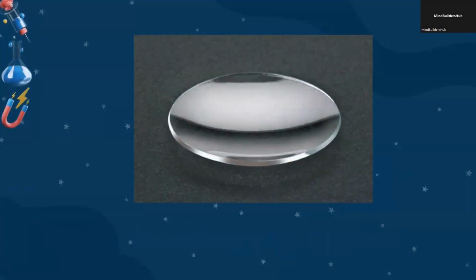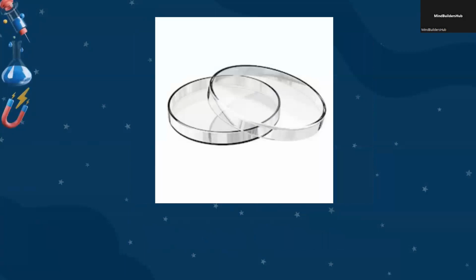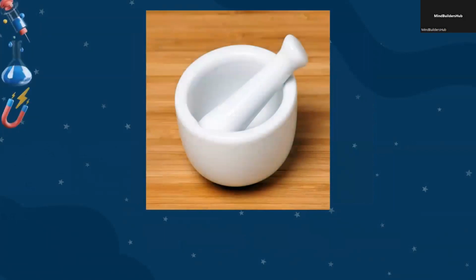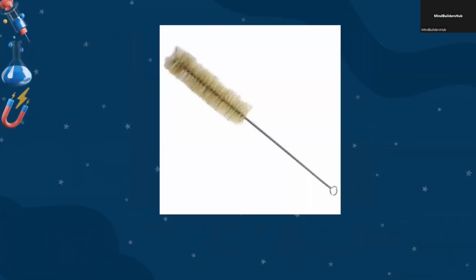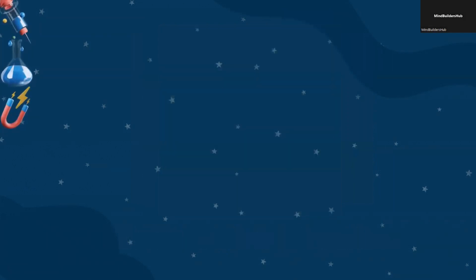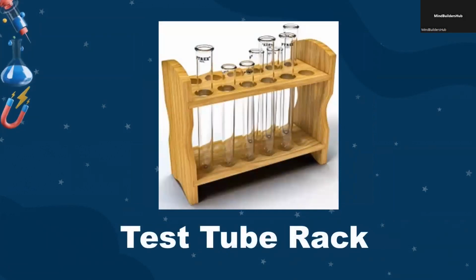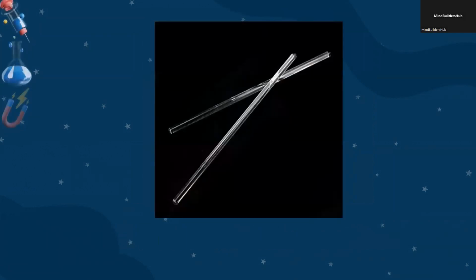This is a watch glass. We also have a Petri dish and a mortar and pestle. Another, test tube brush, a test tube holder or rack, thermometer. This is a stirring rod.